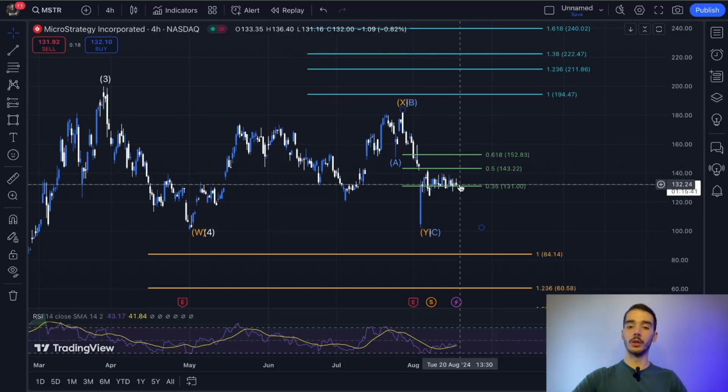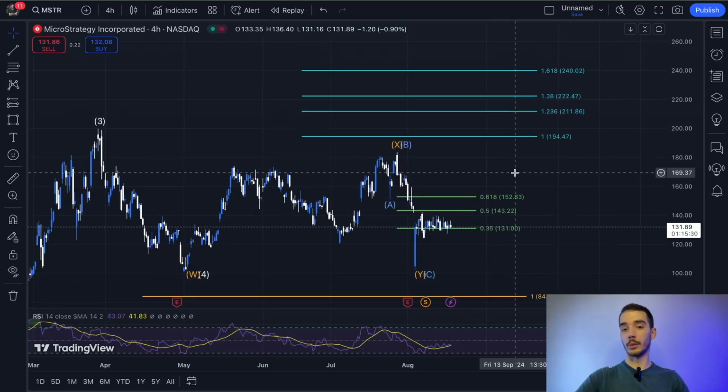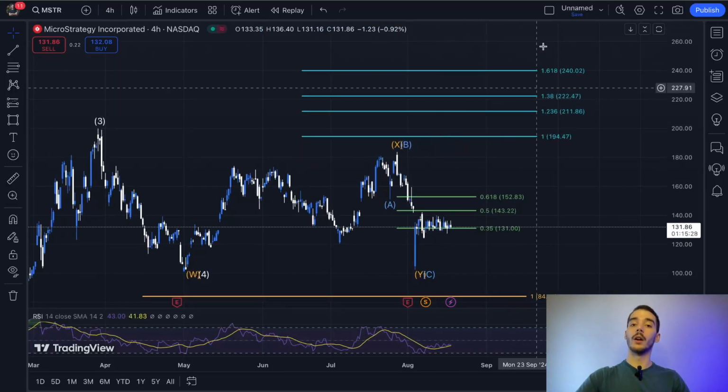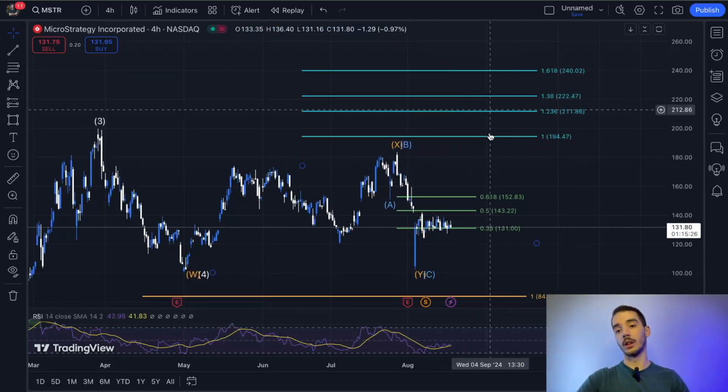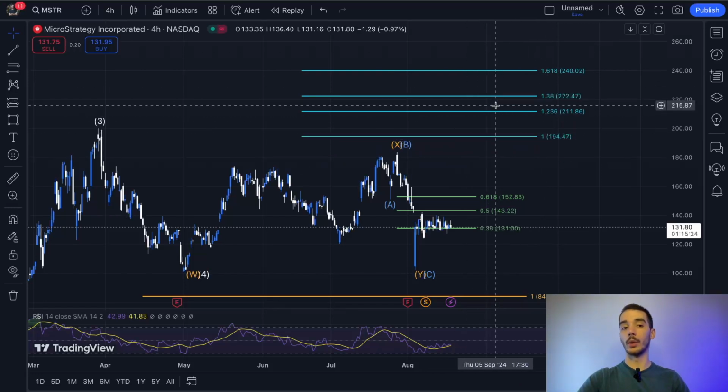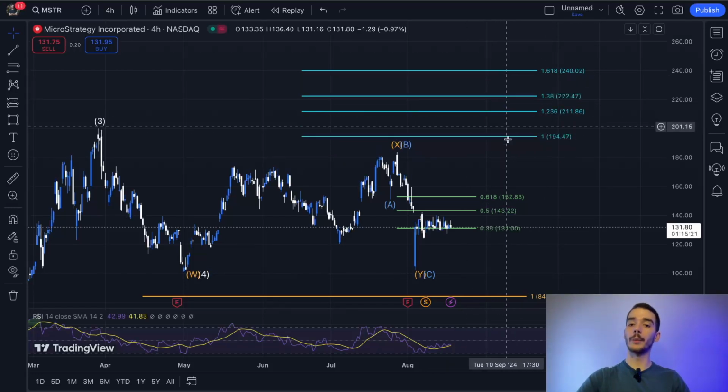And then if we continue to hold this area, as Bitcoin starts to finally retest previous swing highs and start breaking up higher, that would mean that MSTR is also going to start breaking up higher and targeting this next leg up that we have in this area right here, right?